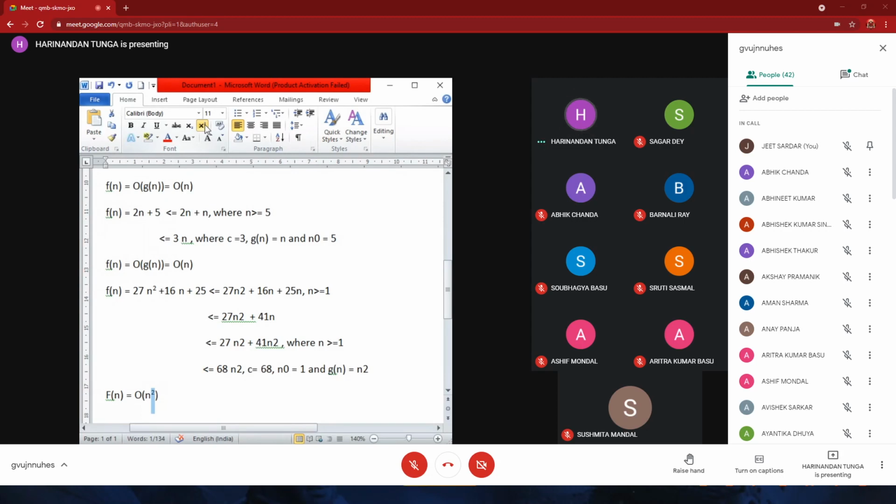The several growth of functions are there: the constant function, the linear function, quadratic function, cubic function, exponential function, logarithmic function. Any function we can express in terms of big O notation, and every expression, proof করতে হবে. Not only express in terms of big O notation, we also find the value of c and n0.